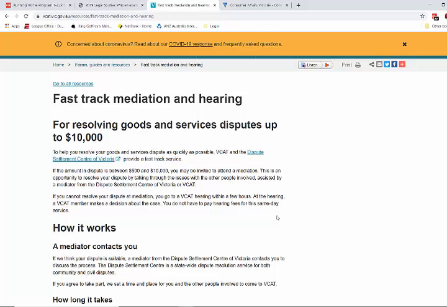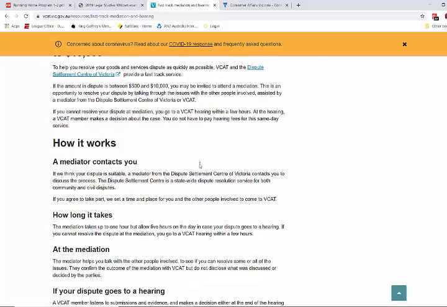But what they've basically set up at VCAT is effectively a fast track between mediation and your hearing. So you're going to try and come into VCAT and get everything resolved in the same day. And this is a really, really good bit of depth knowledge to have if you're discussing why VCAT can be a good option for a consumer dispute.